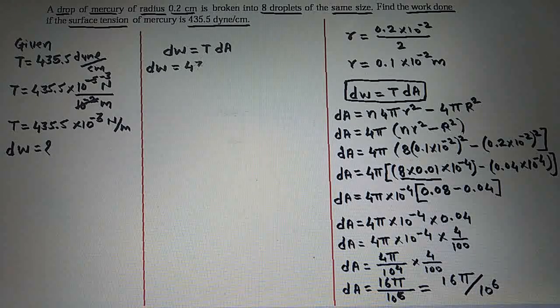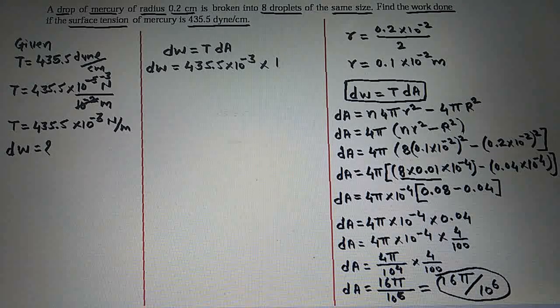T is 435.5 into 10 raised to minus 3 here into what is dA? dA is 16 pi divided by 10 raised to 6.